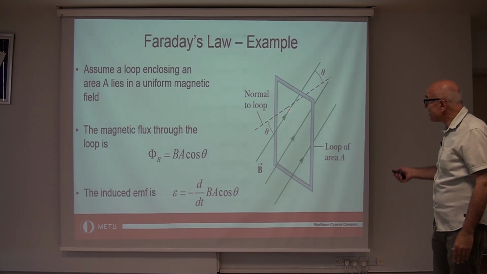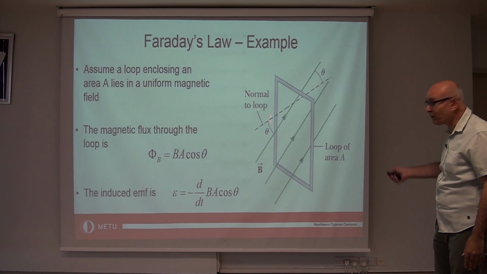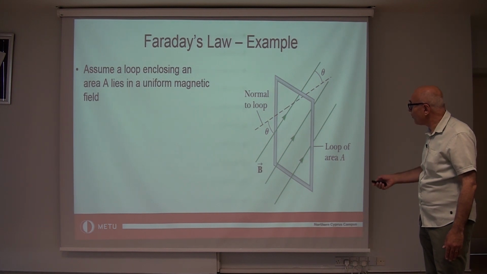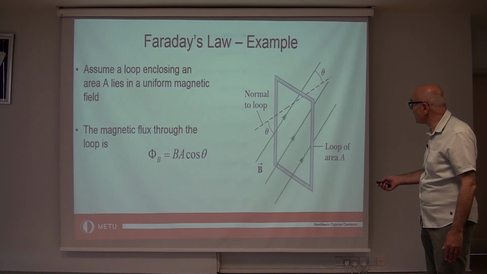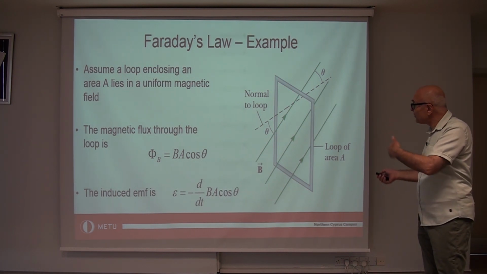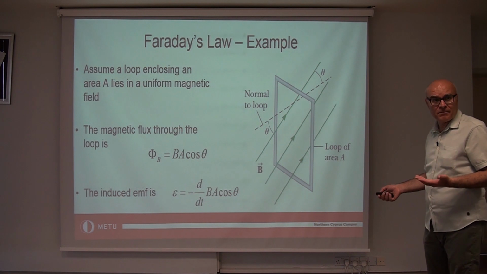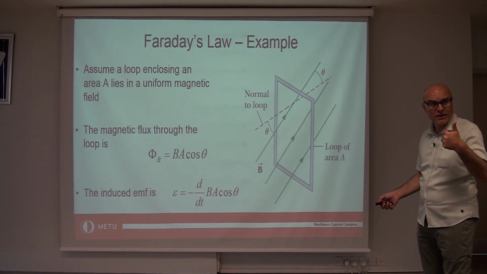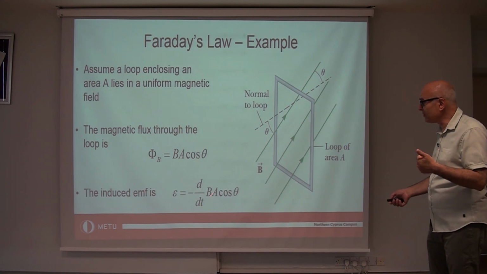So if the magnetic field is spatially uniform, it doesn't vary over the area of the loop, but its magnitude is changing with time, okay? In this case, you will have B varying. This is one way of having the magnetic field changing with time.